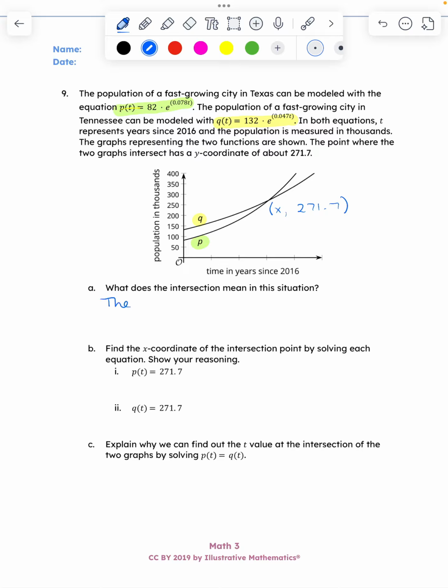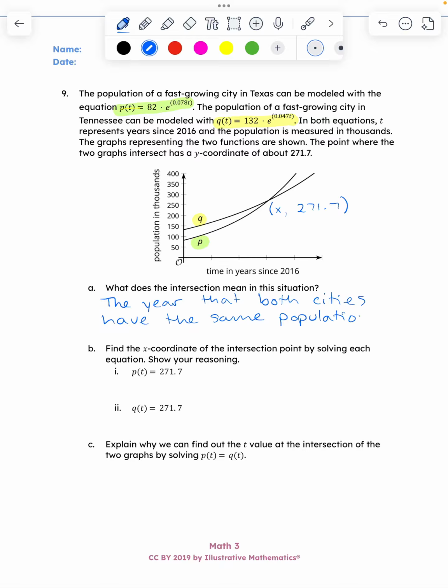the year that both cities have the same population.